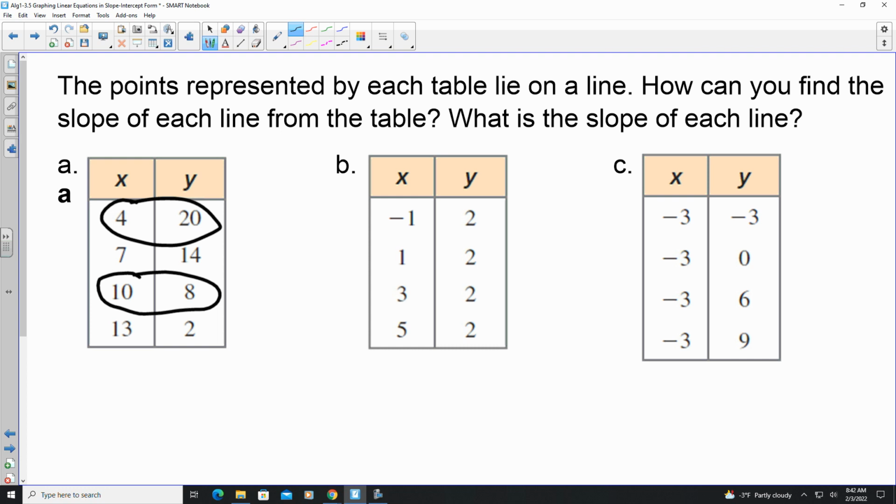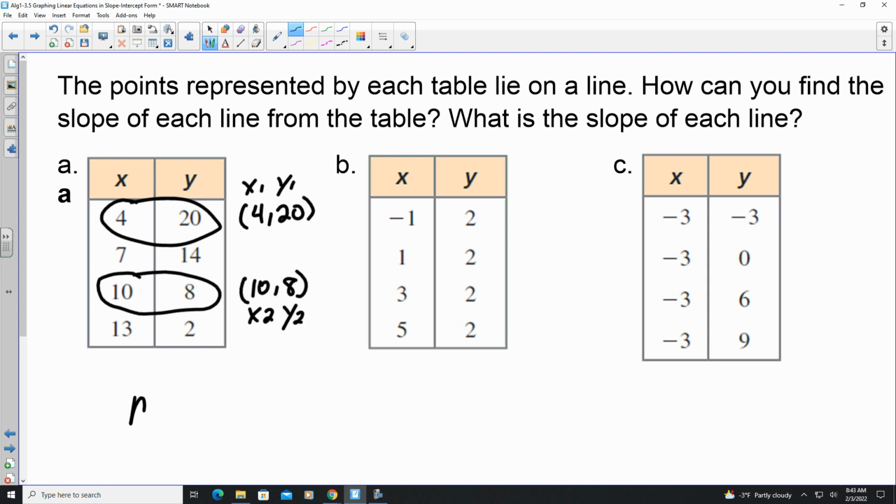Since it's a table, this gets represented as an ordered pair of 4 comma 20, and this one is 10 comma 8. You could have used the other ones, you'll get the same answer. I'm going to call this one my x1, y1. I'm going to call this one my x2, y2.